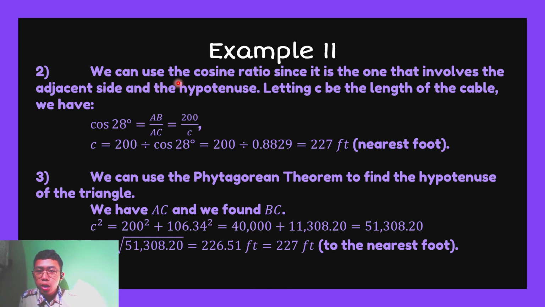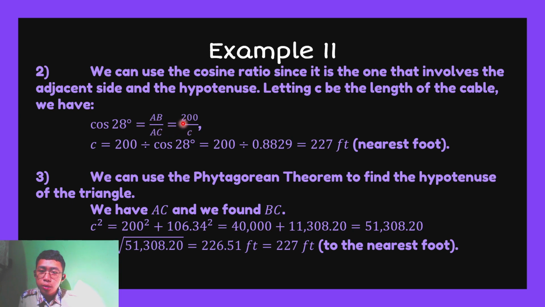And so we can use the cosine ratio since it's the one that involves the adjacent side and the hypotenuse. Letting C be the length of the cable, we have cosine 28 degrees is equal to AB per AC.